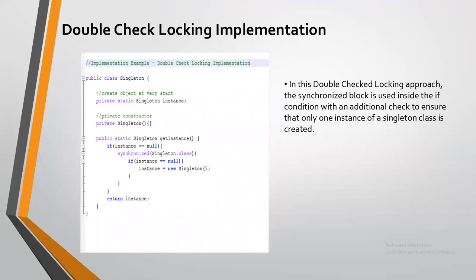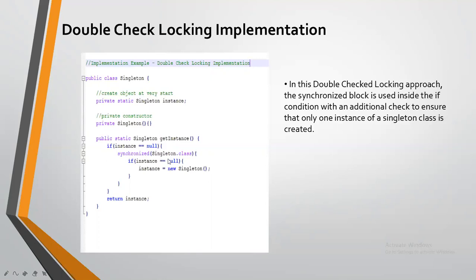If the if condition within the synchronized block is not there, let's say there are two threads, T1 and T2. First, both threads will reach the getInstance method, and both threads will enter this first if condition. Initially the instance is null, so both threads will enter and reach the synchronized block.